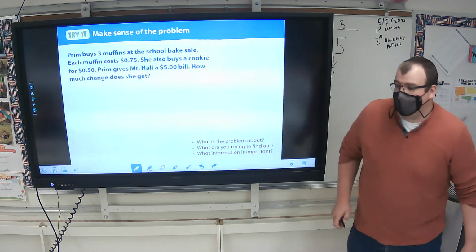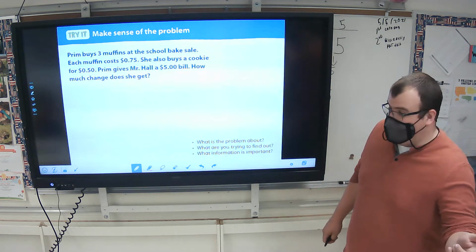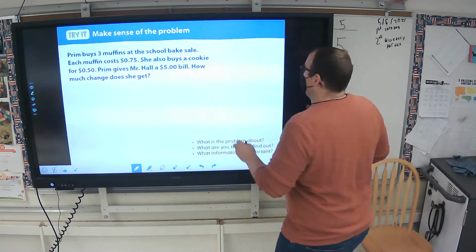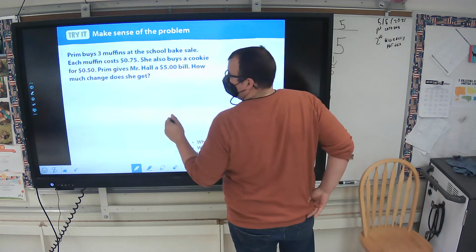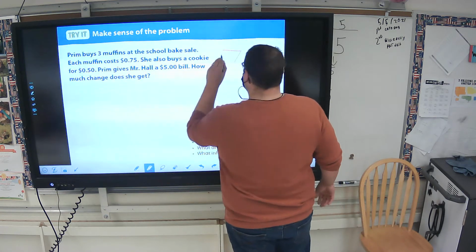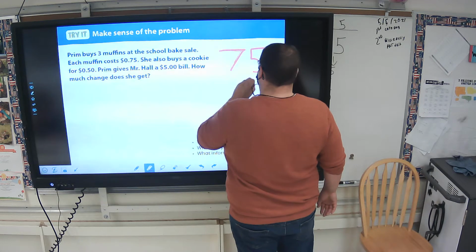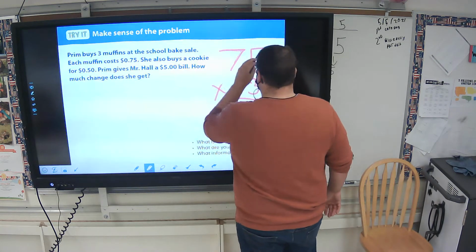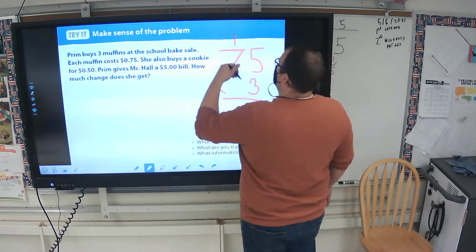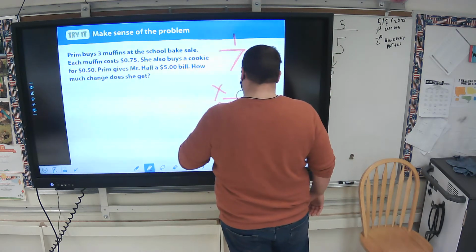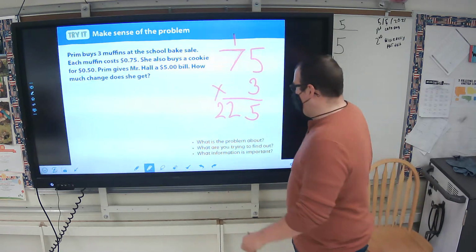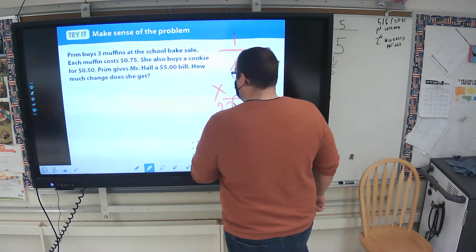Either you can do 75 plus 75 plus 75, or you can do 75 times 3, right? 3 times 5 is 15, carrying 1. 3 times 7 is 21, plus 1 is 22. 225 cents, which is really the same thing as $2.25.